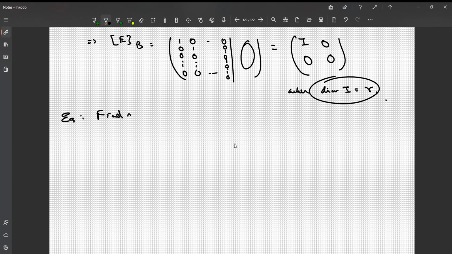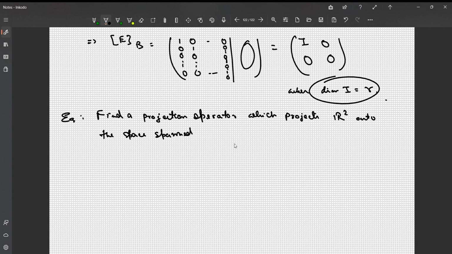Find a projection operator which projects R2 onto the space spanned by the given vector 1, minus 1 along the space spanned by 1, 2.